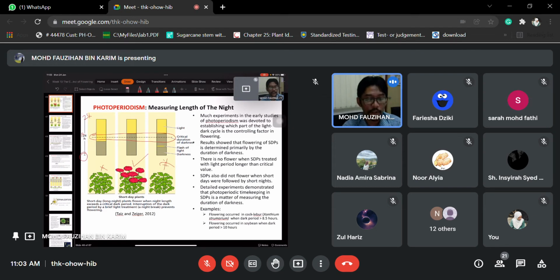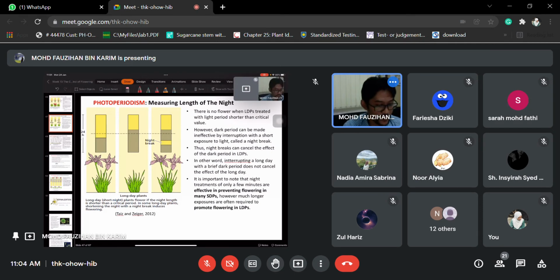Right? Even though the darkness hours ataupun the darkness periods is more than enough to initiate the flowering in the plants, but in case you interrupt the darkness with a flash of light, dia tak akan flower. Alright? They won't flower.